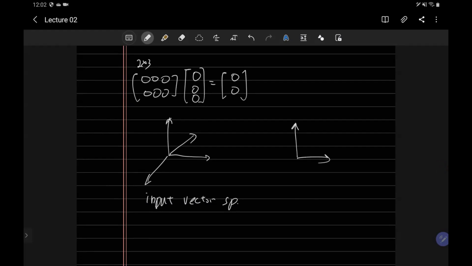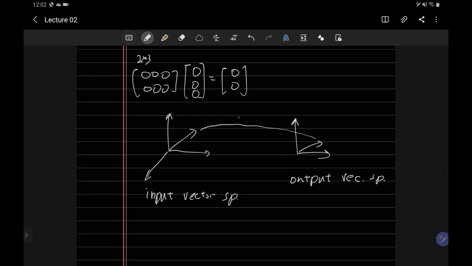Basically, the role of this matrix is the mapping of that original vector to a new vector, and I will call this an output vector space.